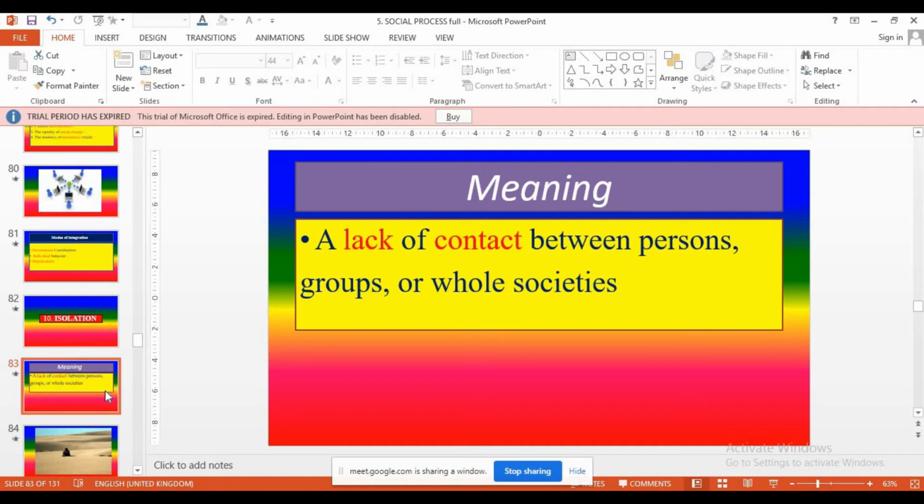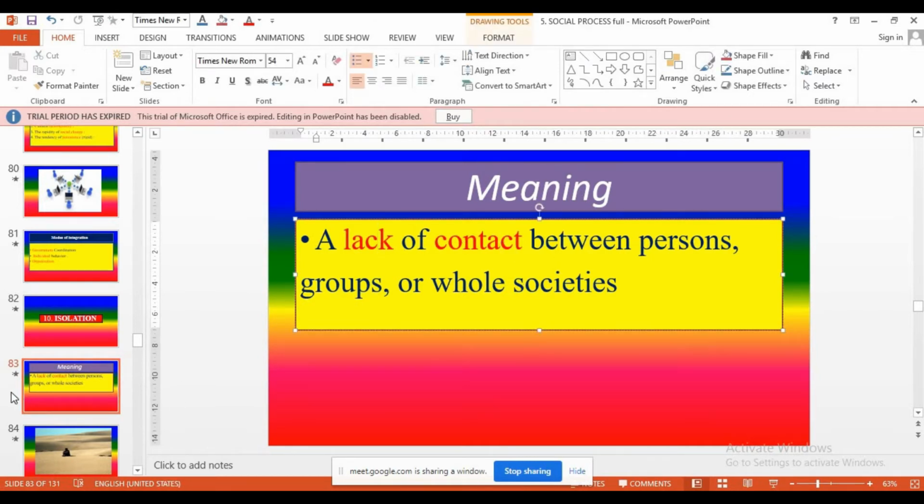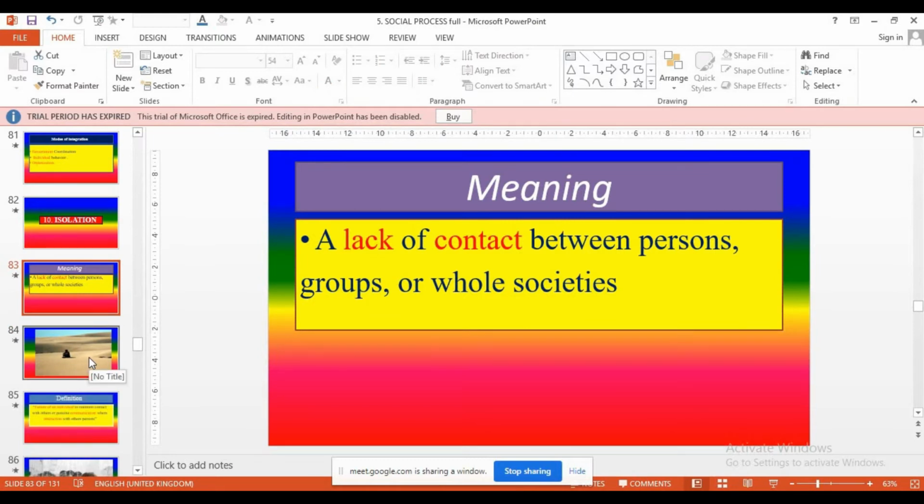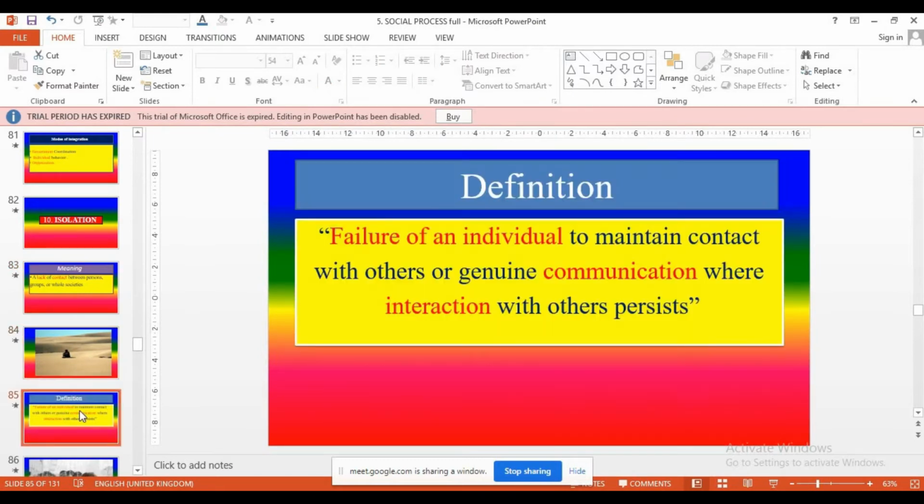What does isolation mean? Lack of contact between persons, groups, or societies. Keyword, lack of contact. Definition: failure of an individual to maintain contact. Genuine communication is lacking. Communication is there, but few; interaction with others persists.